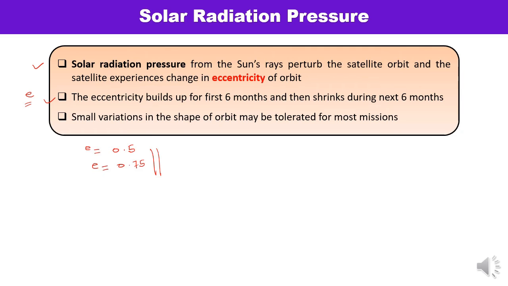Small variations in the shape may be tolerated for most missions if there is only a very little variation. But for satellites in low orbit, it is very important to take into consideration the solar radiation pressure radiated from the surface of Earth, because it can be significant with respect to the direct solar flux. Then you must consider it.